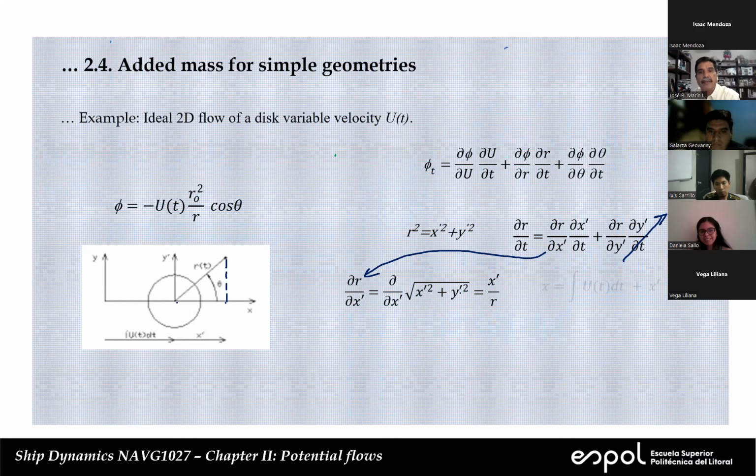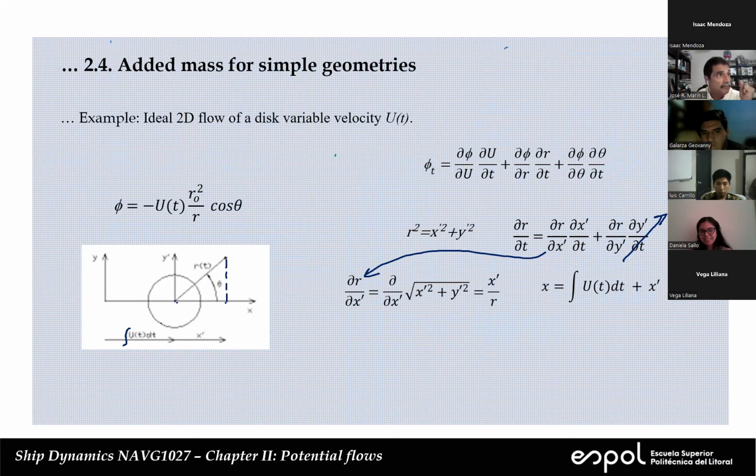What else? We need to differentiate this x prime with respect to time. Now here, if you start here and move to the right, to the left, the final position will be the integration, here there is an integral sign, of the velocity times dt. You integrate that and you will know the final position after some motion.